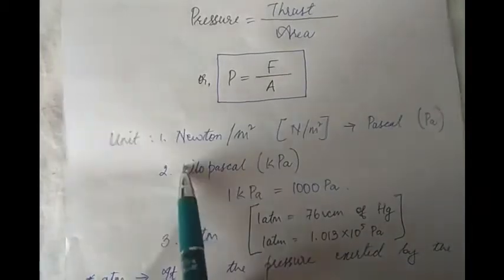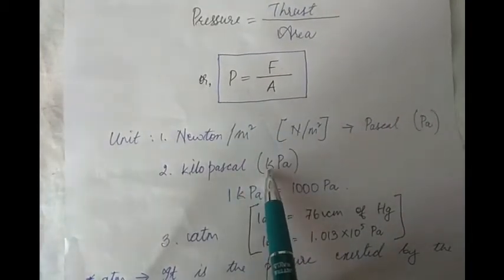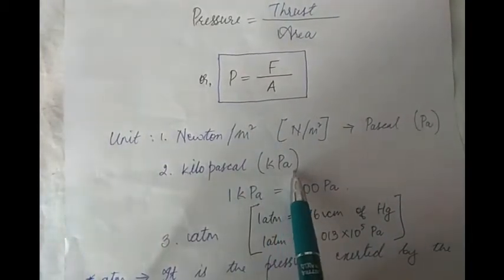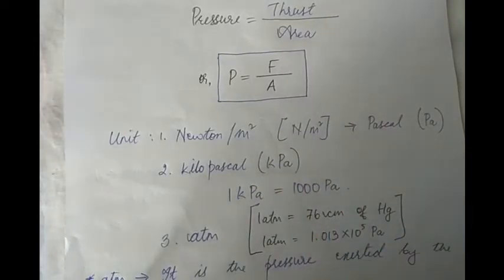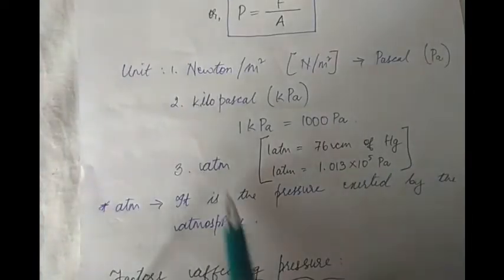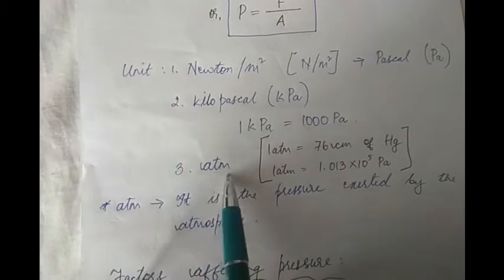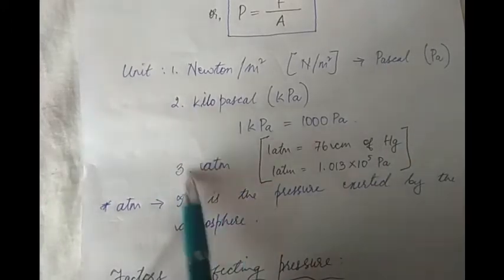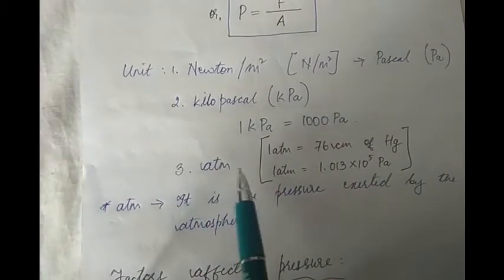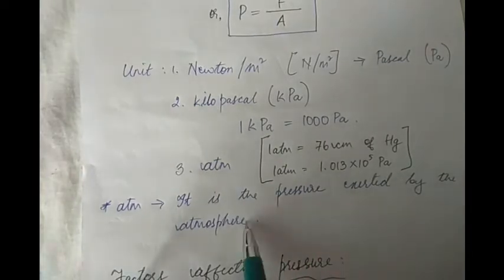The other units: kilopascal, denoted by small k, capital P, small a. 1 kilopascal of course is 1000 pascals. The other unit is denoted by atm. This means atmosphere, and it is the pressure exerted by the atmosphere.